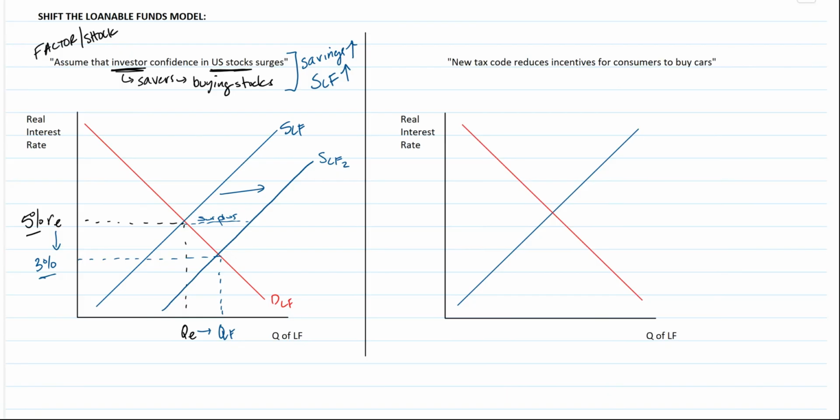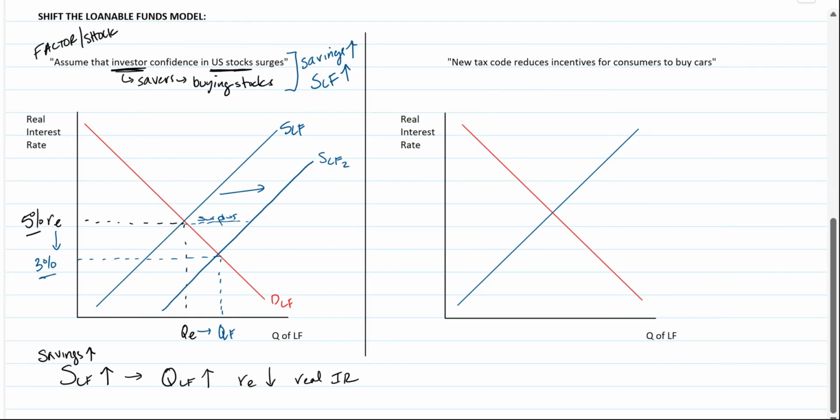So what we can conclude is that when the supply of loanable funds increases, because savings increases, that leads the quantity of loanable funds to increase in the market, and that leads the interest rate in the market to decrease, right? The real interest rate in this market is going to decrease.